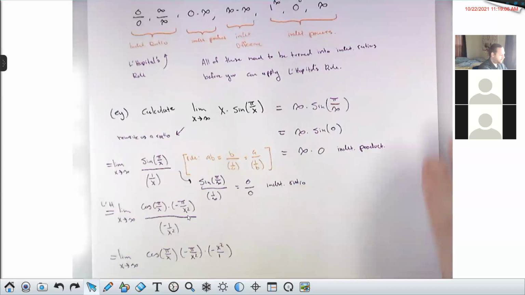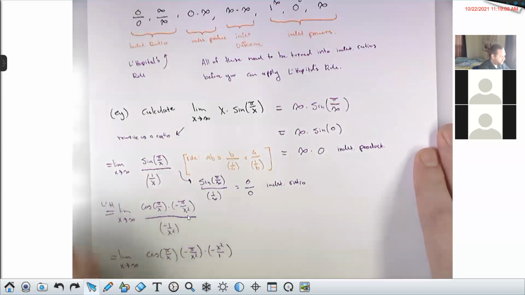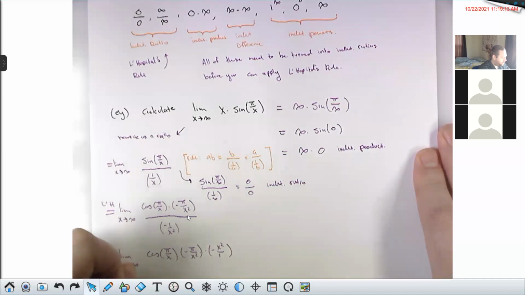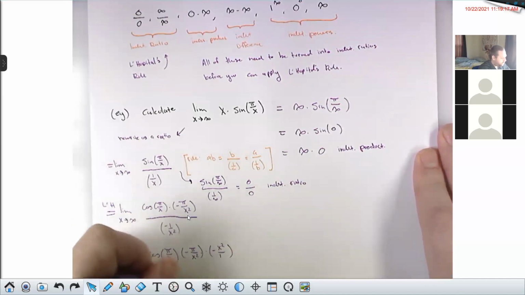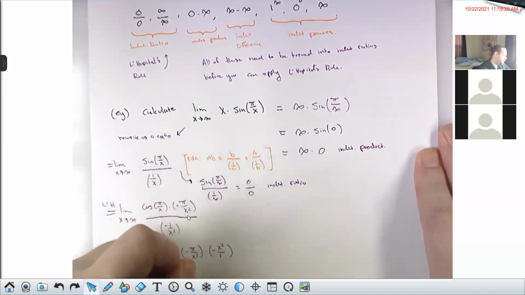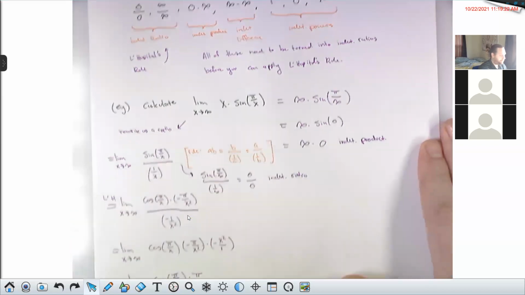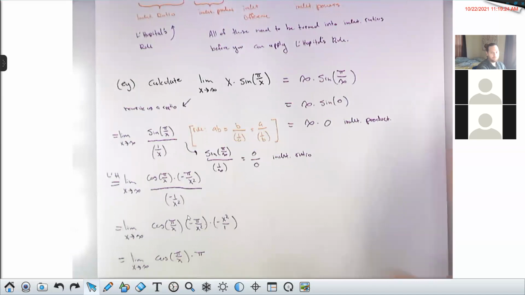And I can cancel the x squareds. The negatives give me a positive, and we get the limit as x goes to infinity of cosine of pi over x times pi. And this is no longer an indeterminate form.